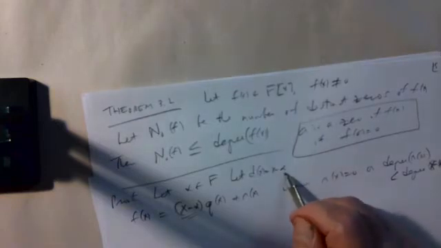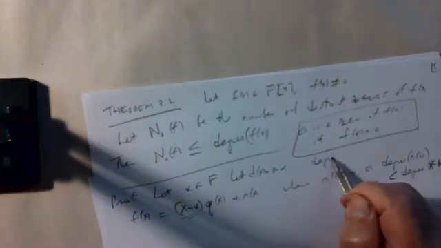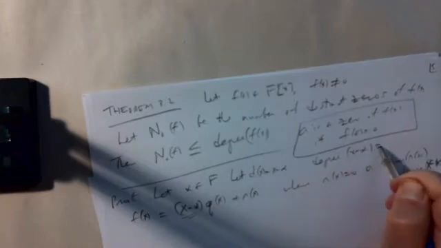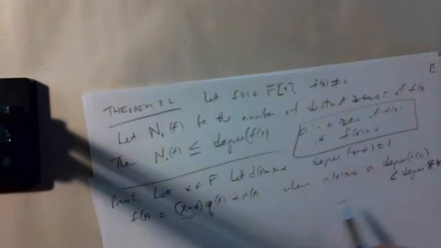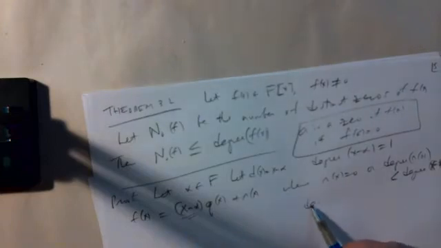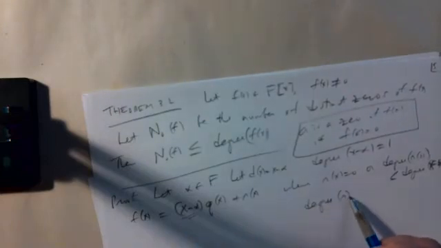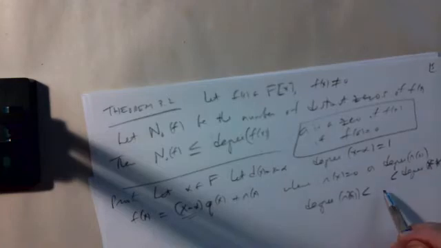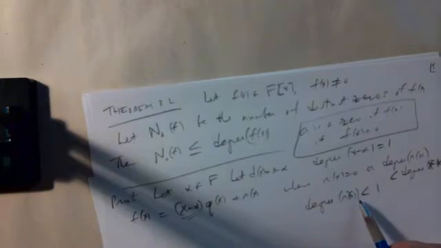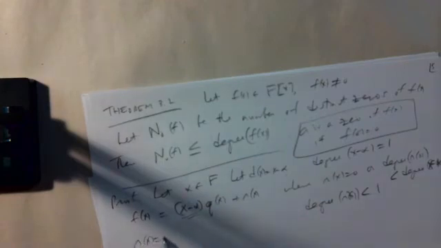But x minus alpha, this is a linear polynomial. The degree of x minus alpha is 1. So to say that the degree of r of x is less than the degree of d means it's less than 1. And what integers, non-negative integers, are less than 1? Just 0. So either r of x equals 0 or the degree of r of x is 0.